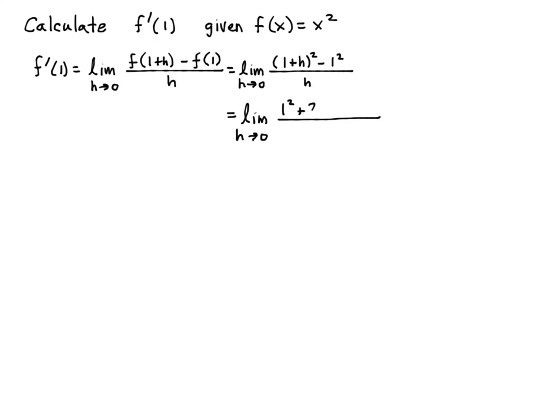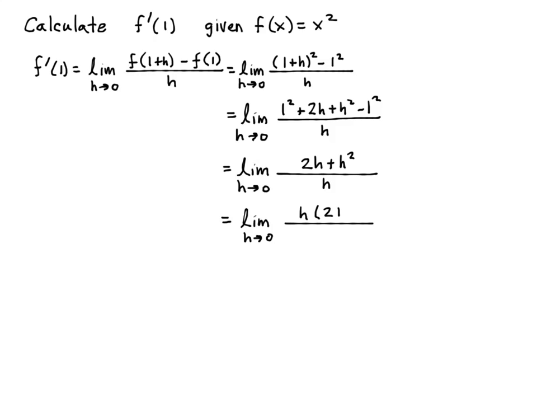And so just through algebra, I'll expand that 1 plus h squared into 1 squared plus 2h plus h squared. And then I notice that I have a 1 squared minus 1 squared, so those drop out. And then I have something that involves an h term in all of them, so if I factor out the h in the numerator and then cancel out the h's, I get 2 plus h.